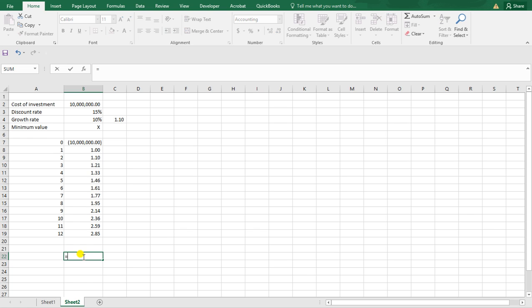I'll just do equal sign, NPV tab. My rate is 15%. Our values are all through. I close that plus our initial investment.